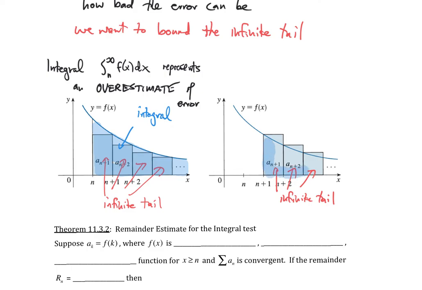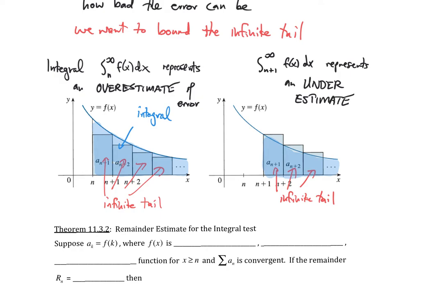This area under the curve, you can see this time the area lies below the boxes. So really, this integral from n plus 1 to infinity of f of x dx represents an underestimate.